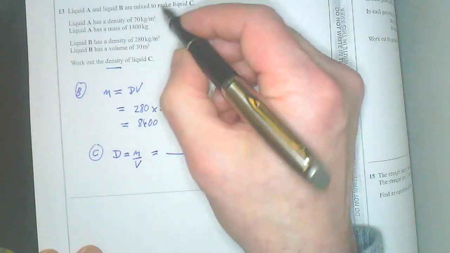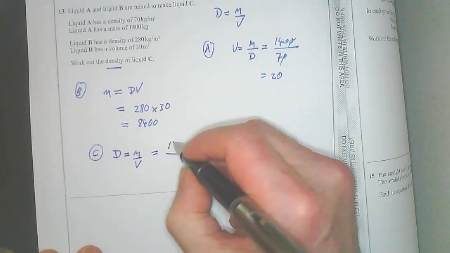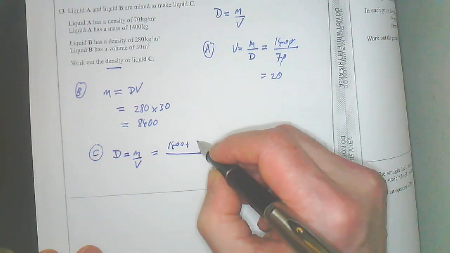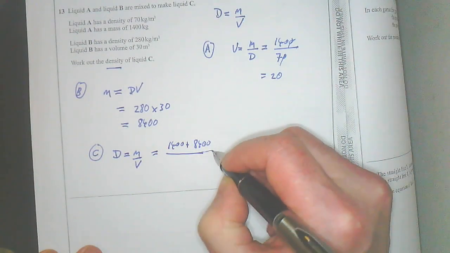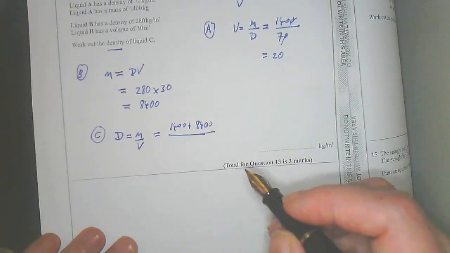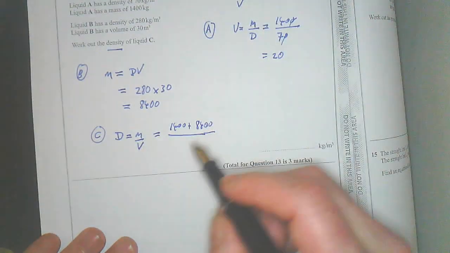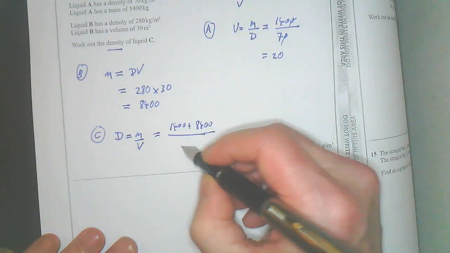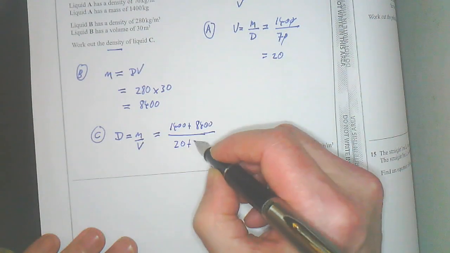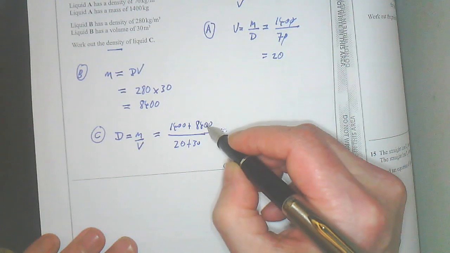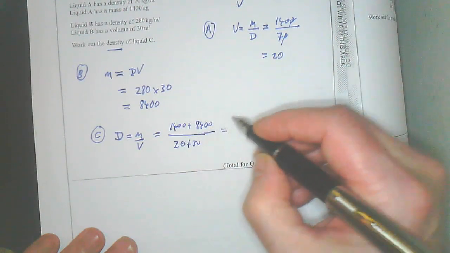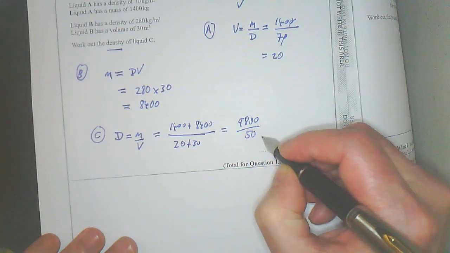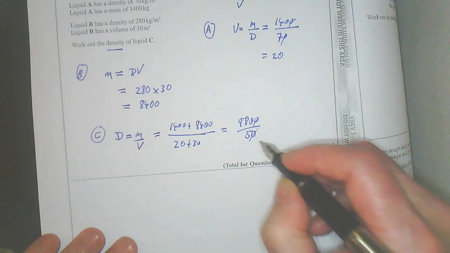For A, the mass is 1400, and for B, it's 8400. And we need to divide by the total volume. Well, the volume for B is 30 and for A is 20, so it's 20 plus 30. So 84, 94, 98, 9800 divided by 50. Zeros cancel.